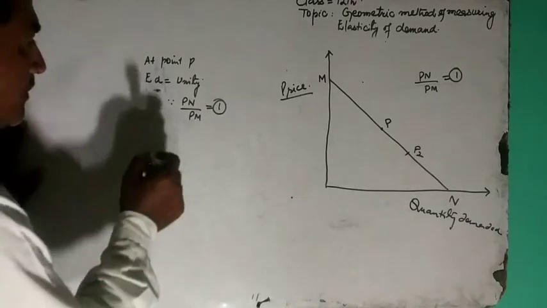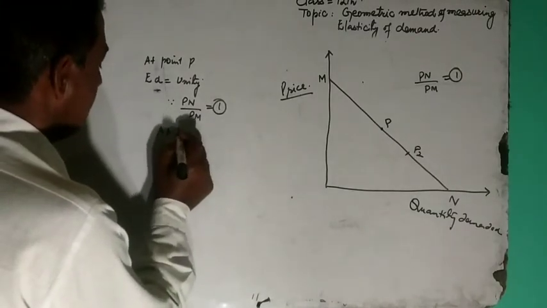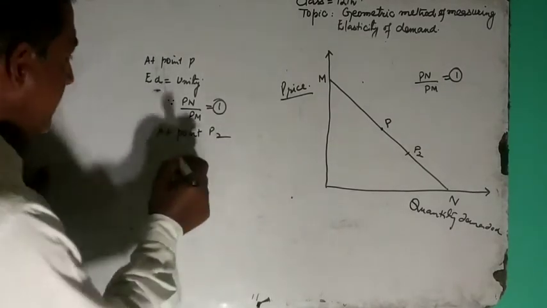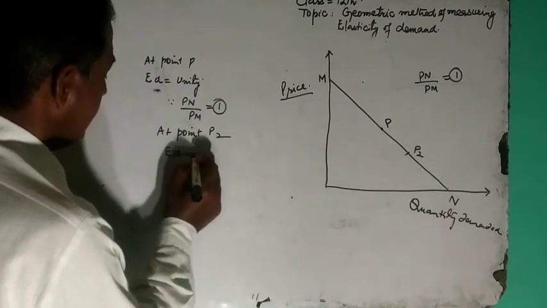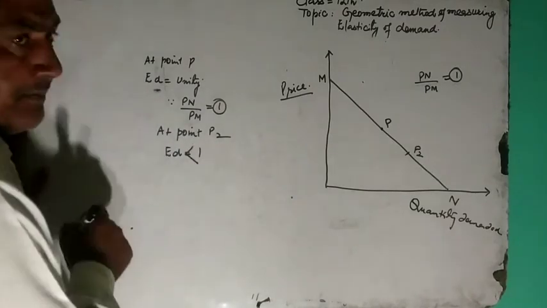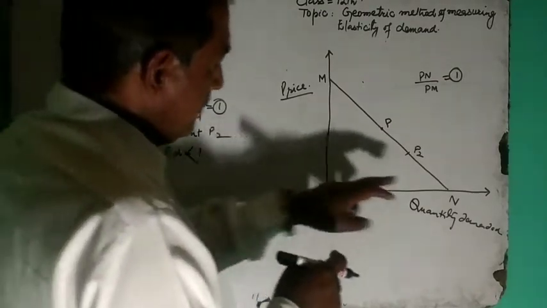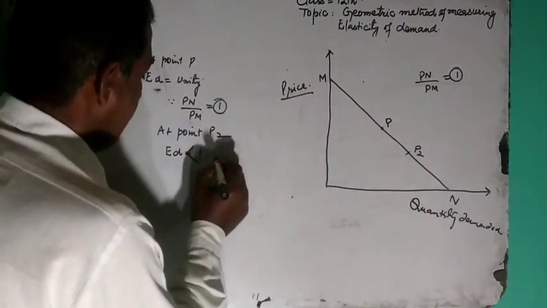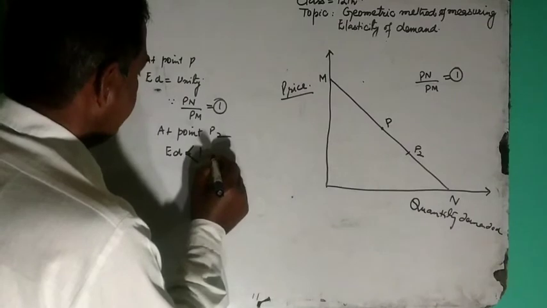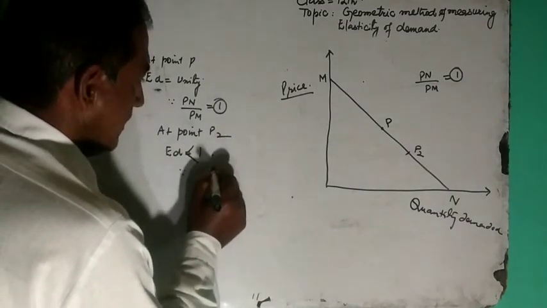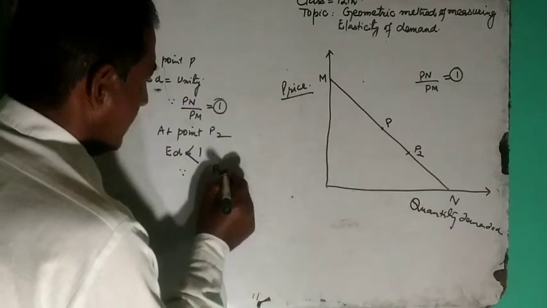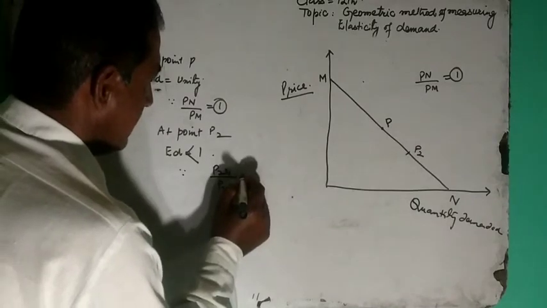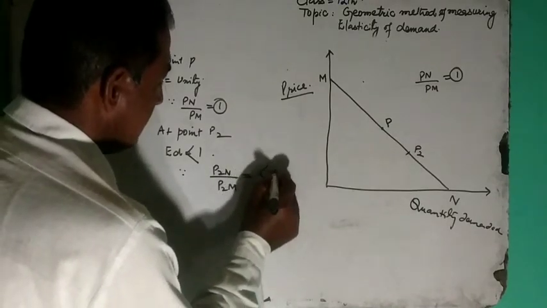Now, at point P2, elasticity of demand is less than unity. That is, we measure elasticity of demand because P2N divided by P2M is less than 1.